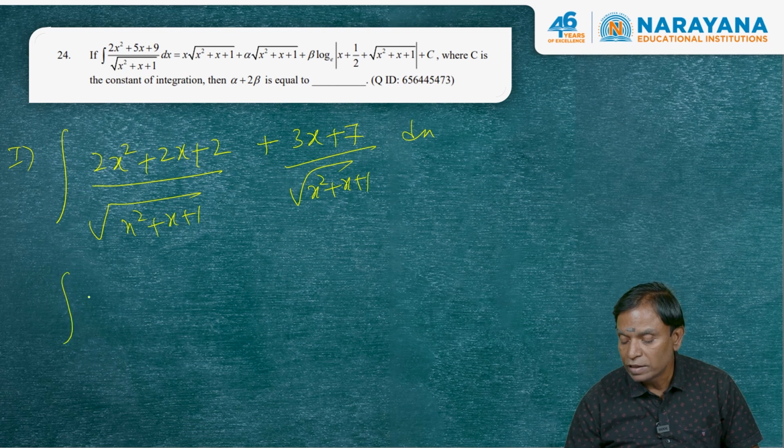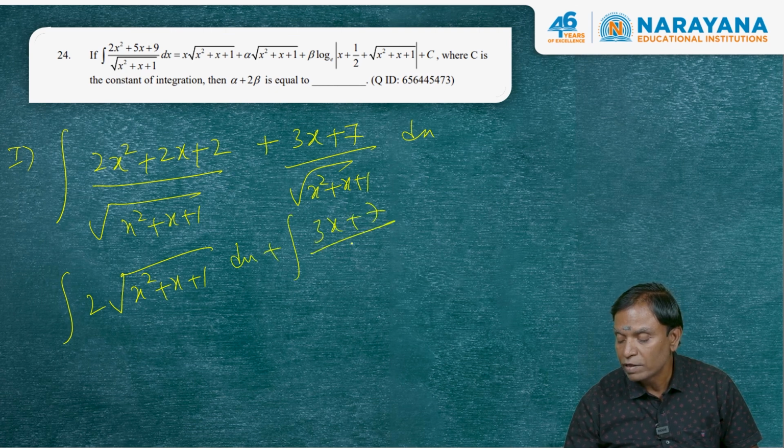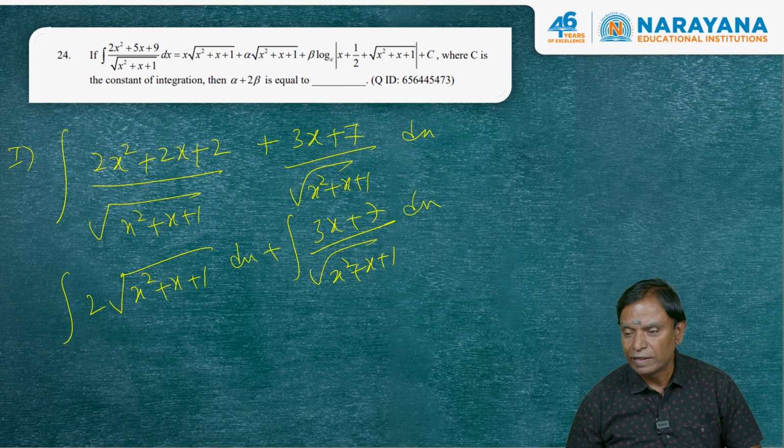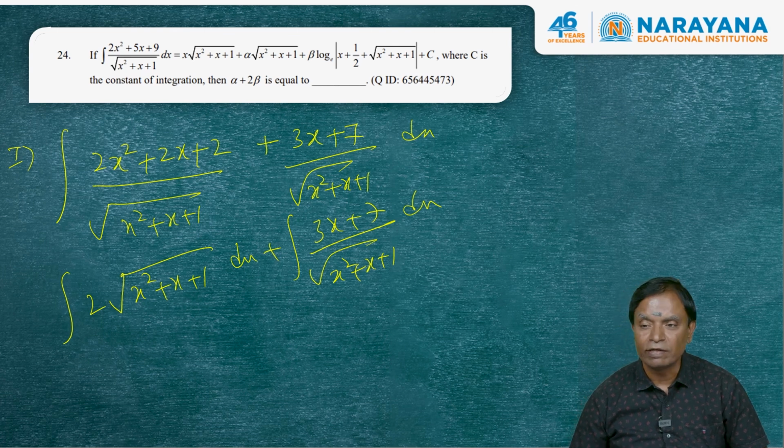Now this you can say 2 root of x square plus x plus 1 dx plus integral of 3x plus 7 by root of x square plus x plus 1 dx. Now this is a standard integral, you can evaluate it. This is also a standard integral, you can evaluate it.